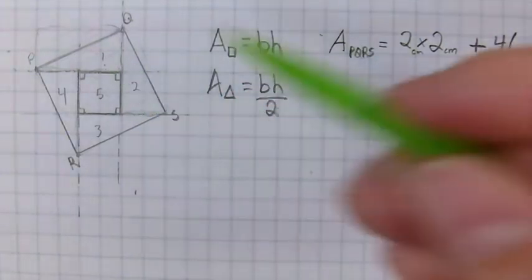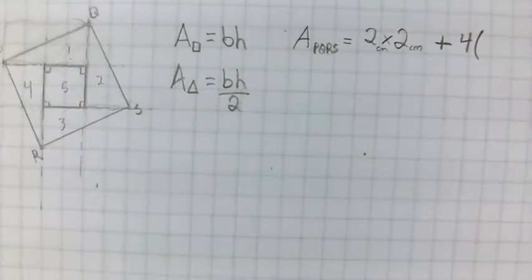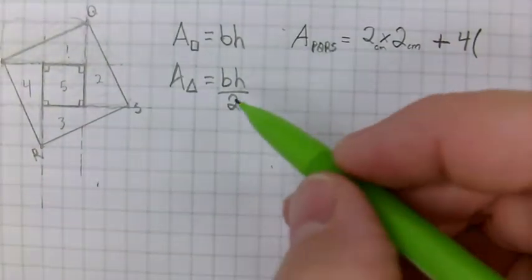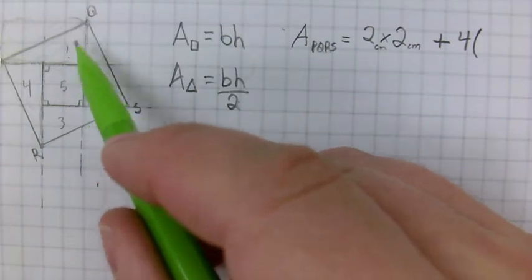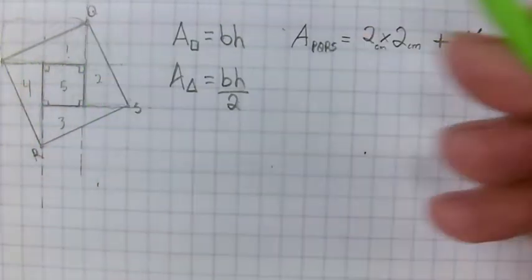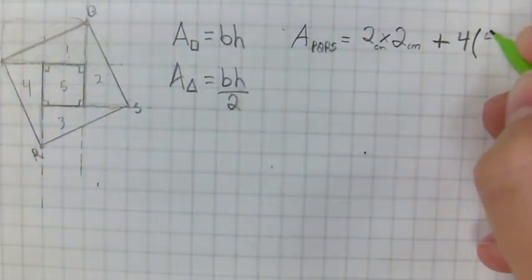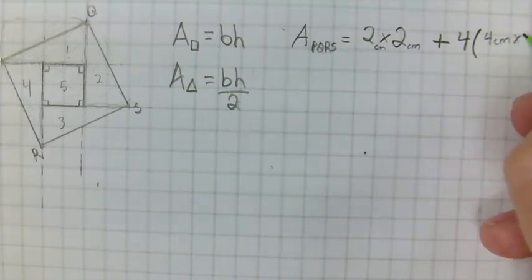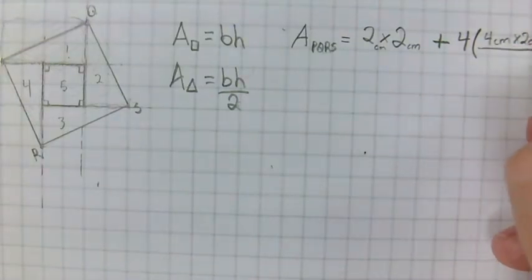And each triangle's area is a base times height divided by 2, which is base is 4, height is 2. 4 centimeters times 2 centimeters, all divided by 2.